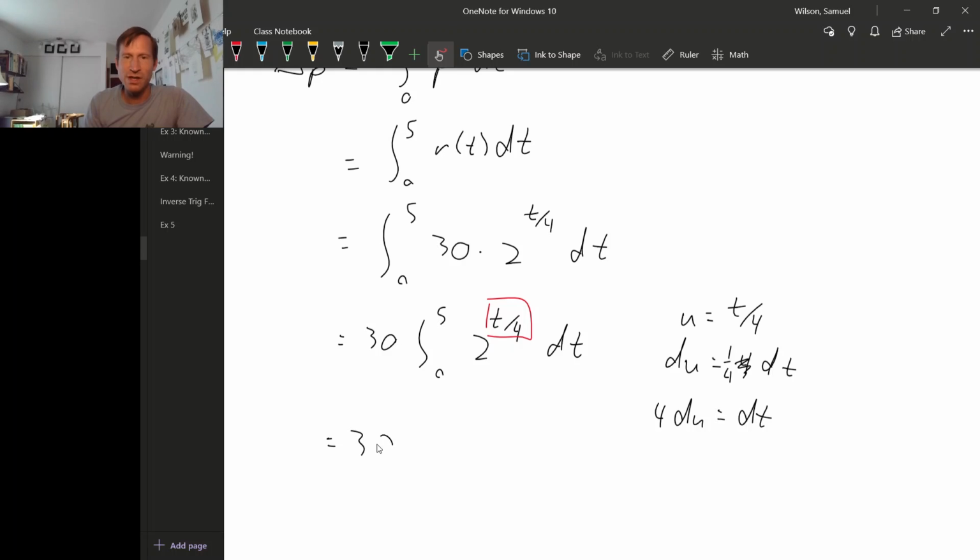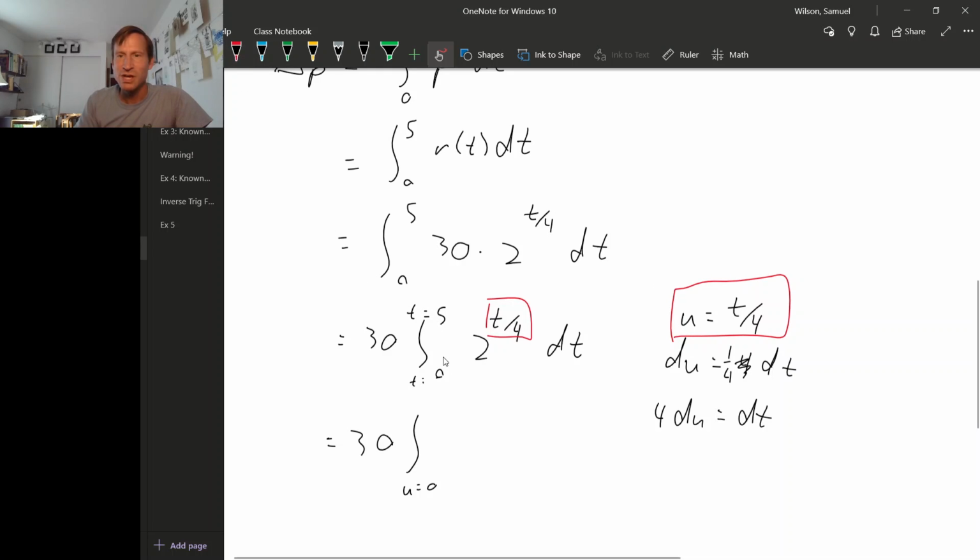So this is 30 times the integral of, let's change our bounds from t bounds to u bounds. So when t is 0, u is 0. And when t is 5, remember we're going to use this substitution formula to translate our t bounds into u bounds. When t is 5, u is 5 over 4.